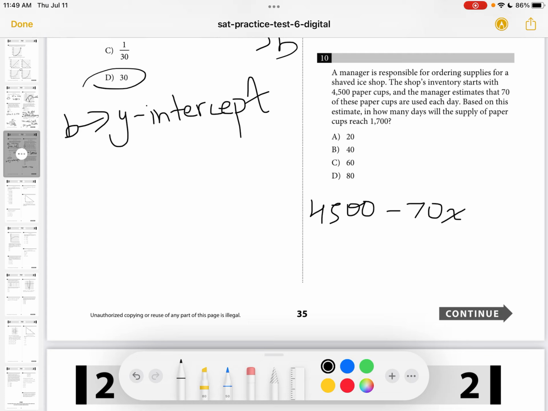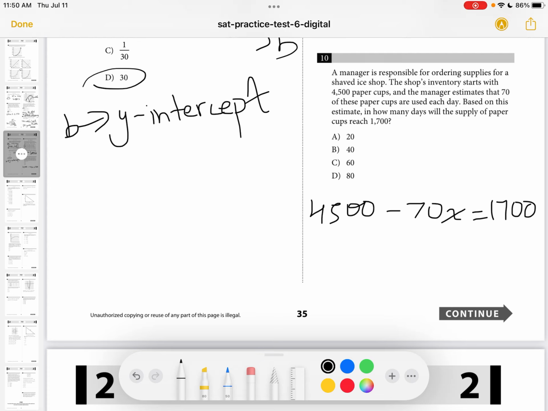So I'm going to call x the number of days that we're using these cups. And we want to know, if we start with 4,500 cups and we use 70 each day, how many days will pass until we are only left with 1,700 cups? Now, this is just an equation we can solve.